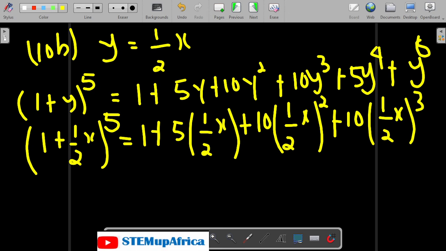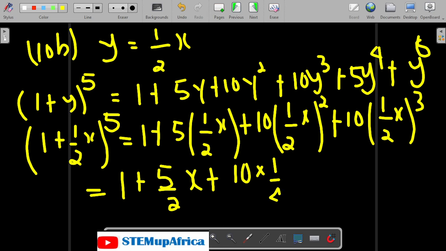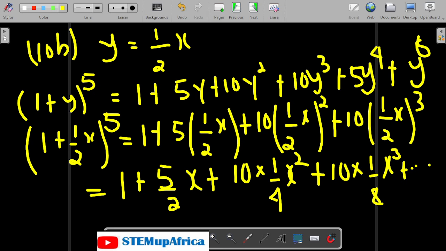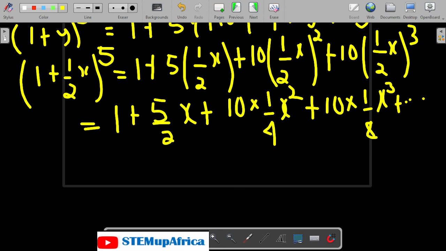So we stop here according to the question requirement. So here becomes 1 plus 5 over 2x plus 10 times 1 over 4x squared plus 10 times 1 over 8x cubed. Continues. So let's simplify now.